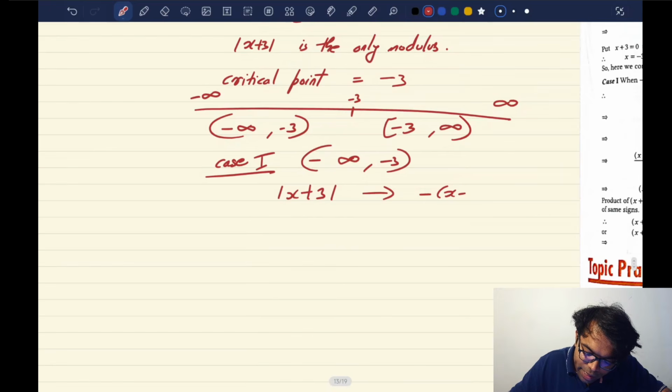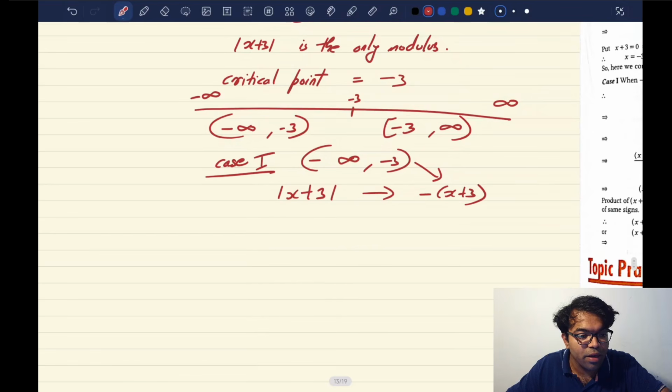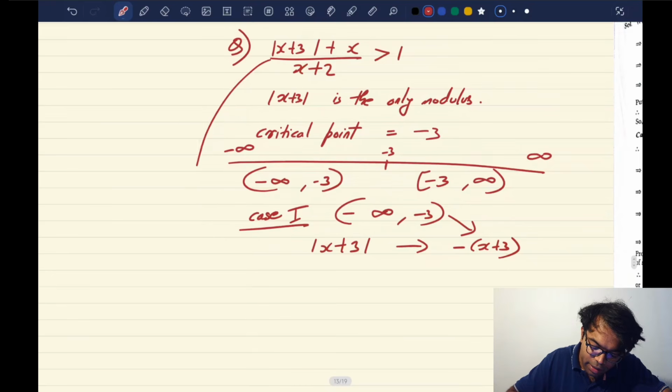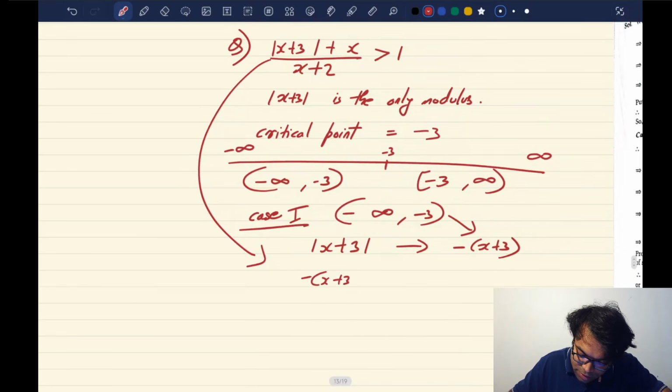Minus of x plus 3 in this particular region. So you put this in the formula. What do you get? Minus of x plus 3 plus x upon x plus 2 should be greater than 1.